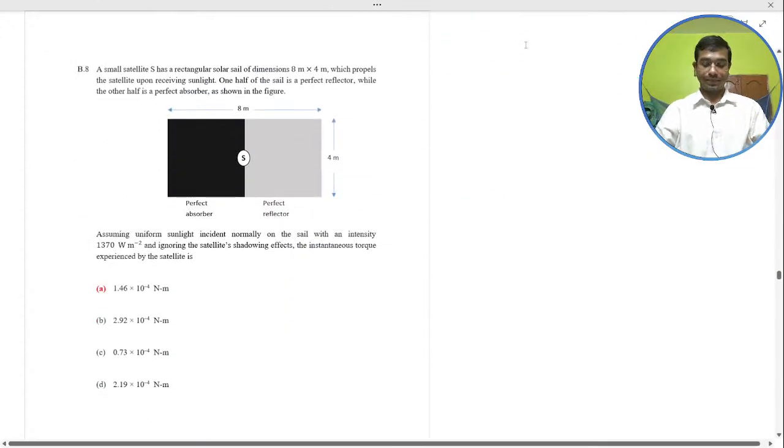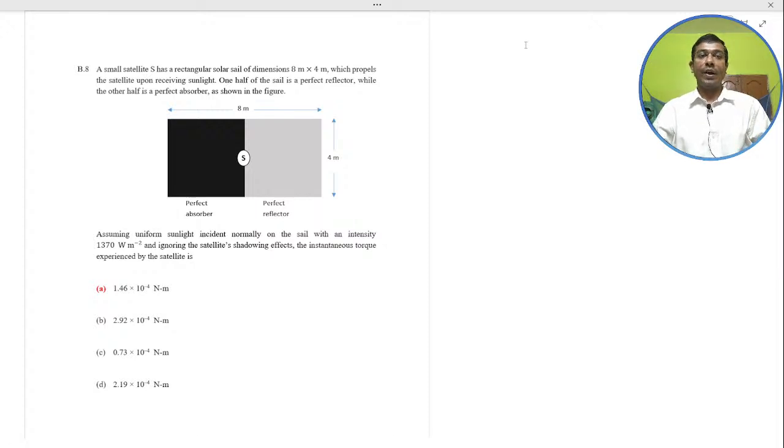Next question. Question number 8. A small satellite S has a rectangular solar shell of dimensions 8 meter cross 4 meter, which propels the satellite upon receiving the sunlight. One half of the shell is a perfect reflector, while the other half is a perfect absorber, as shown in the figure.